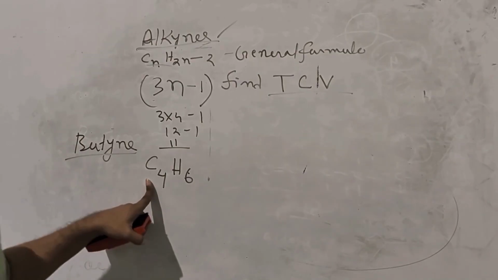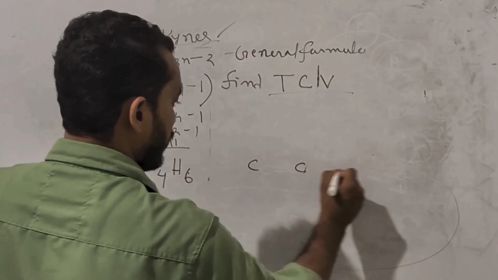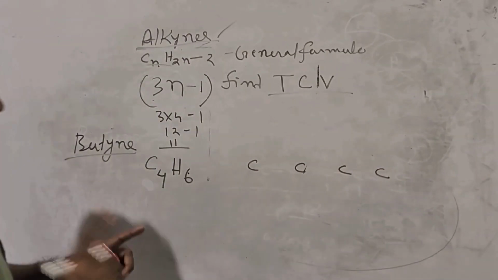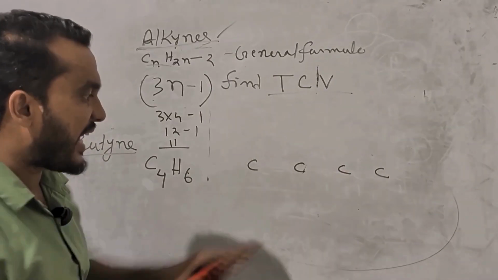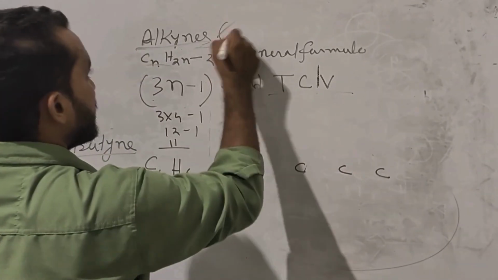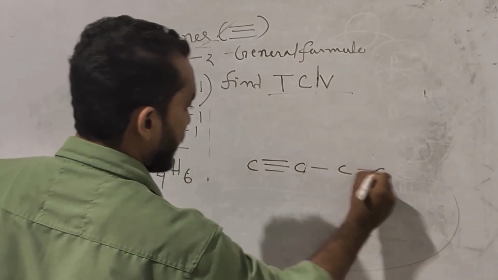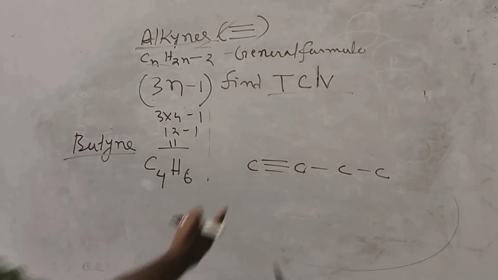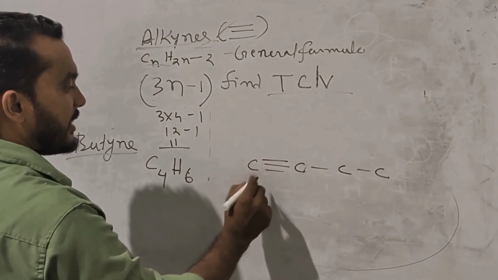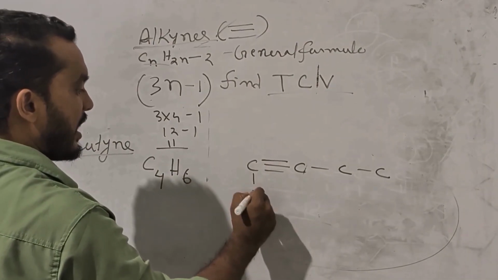Now check it. Okay, see 1 2 3 4. At least at one place in the carbon chain I can place a triple covalent bond, because we are talking about the alkyne. 1 2 3, everywhere single covalent bond. Surrounding this carbon already 3 bonds are there, hardly I can place one bond.